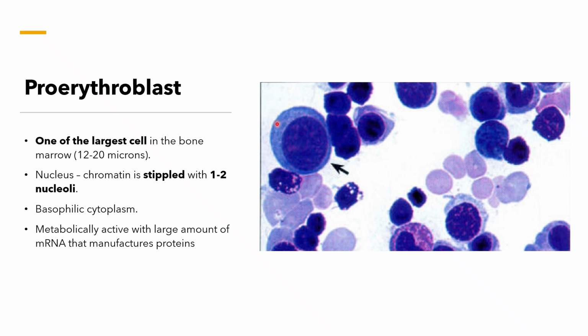The cytoplasm of the cell is basophilic, and this cell is highly metabolically active because of the large amount of mRNA. The main purpose of this mRNA is to manufacture a number of proteins. So, the first stage of the erythroid series is the proerythroblast.